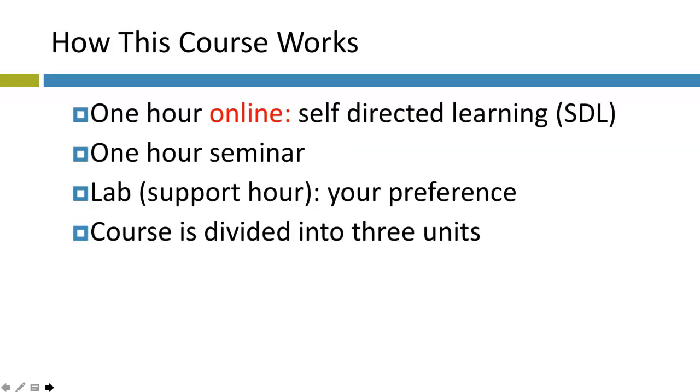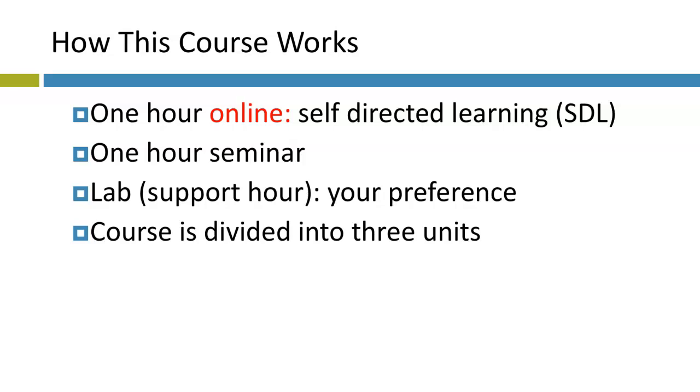So how this course works, so this course is a fully online course. Some of you may have done Communications 1 fully online, and some of you may have done it, if you did it earlier, partially face-to-face. So this course is fully online, and here's how it breaks out.